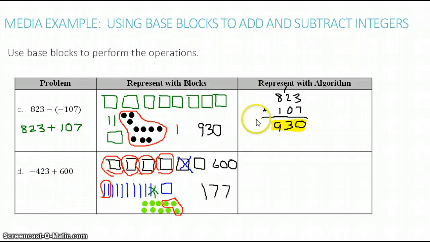Let's look at this with an algorithm. 600 minus 423. You may remember this from school as well. We start with the units value, and we want to do 0 minus 3.